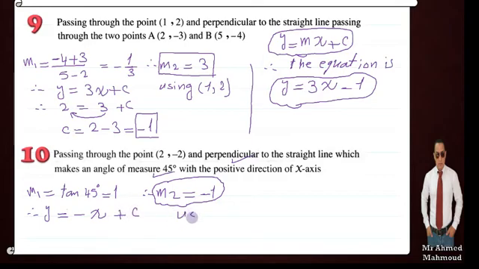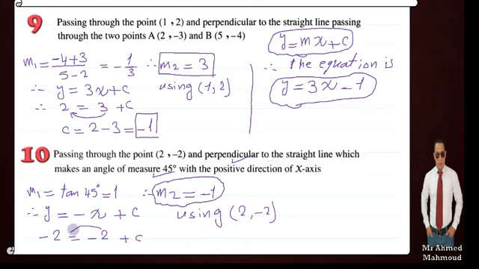Using the point (2, -2), therefore 2 is x, negative 2 is y. Negative 2 equals negative, in place of x I will put 2, it will be negative 2 plus c.